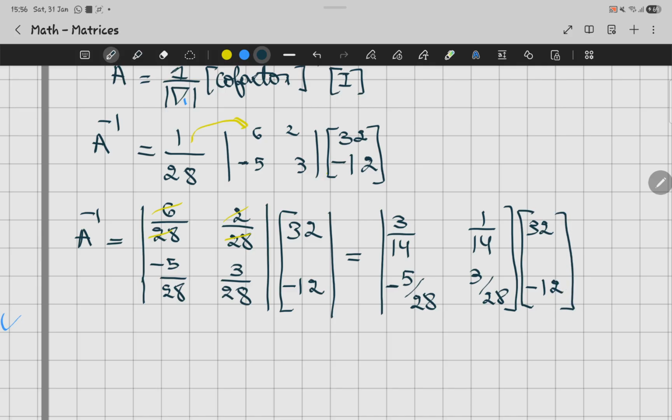At this stage, what we do is multiply one matrix by another. So it's going to be this one times this one here.